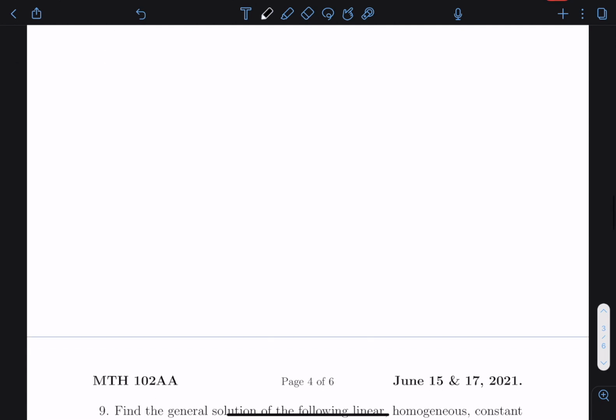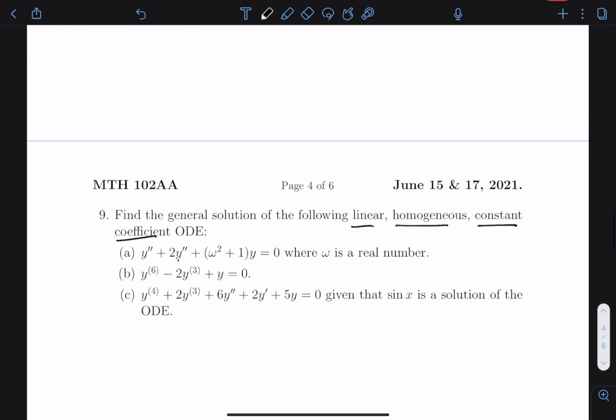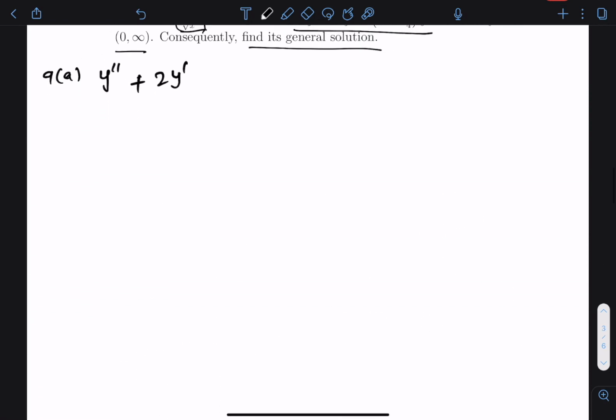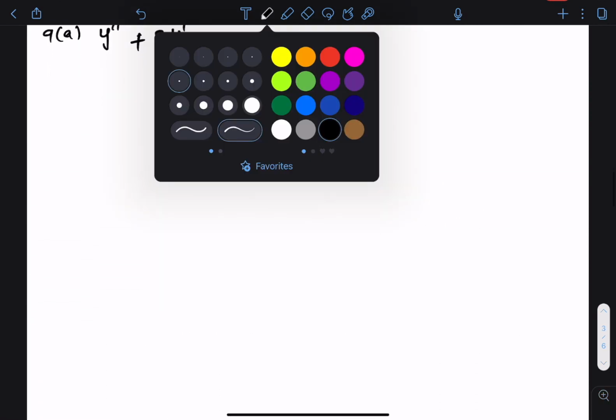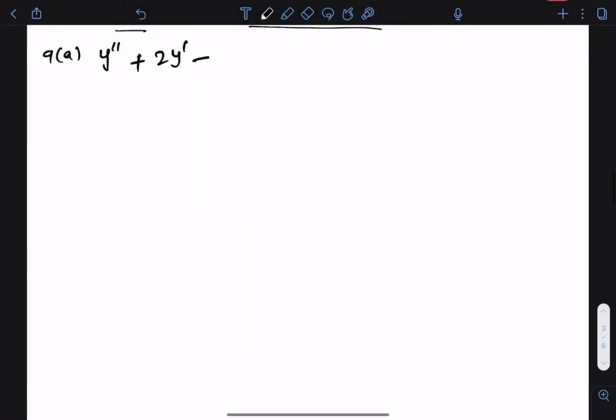I think that's a typo here. This should be single prime, not double prime. 2y prime plus omega square plus 1 times y equal to 0, where omega is some real number.